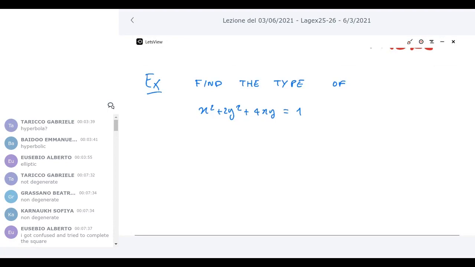Let me know as soon as you have an idea what the type is. Just to remind you, to find the type, we need to decide among three options, right?